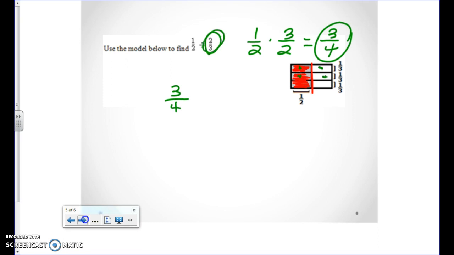So that's 4 rectangles. Now we know that 2/3 won't even fit into 1/2 once, so we should have a fraction that's less than 1. It takes 4 to be a 2/3, and it only takes 3 to be a 1/2. So 3 of the 4 pieces of a 2/3 would fit into a 1/2. So we get 3 out of the 4 pieces, 3/4.